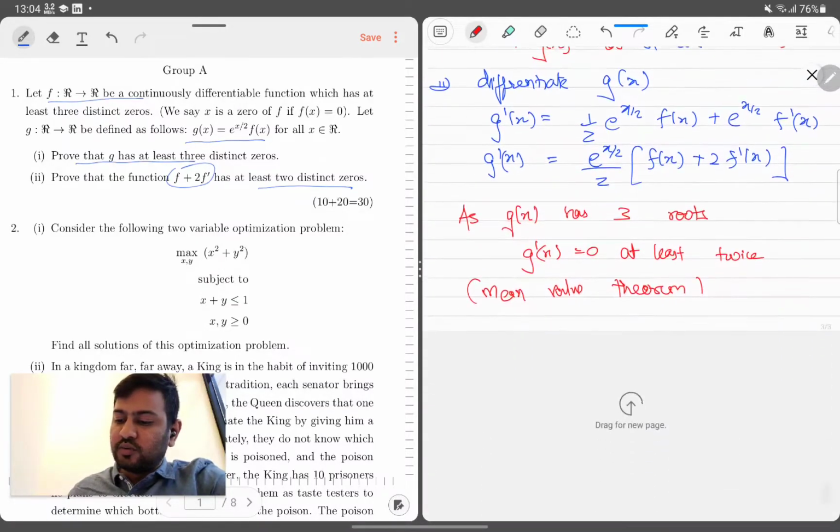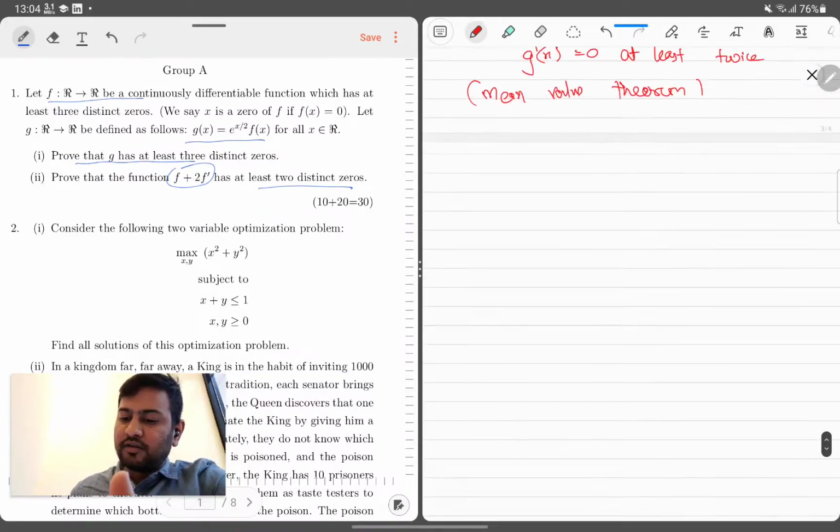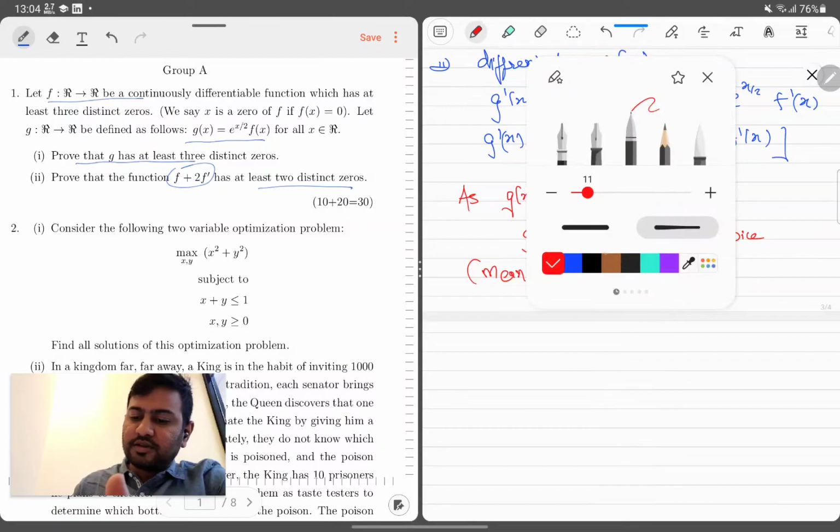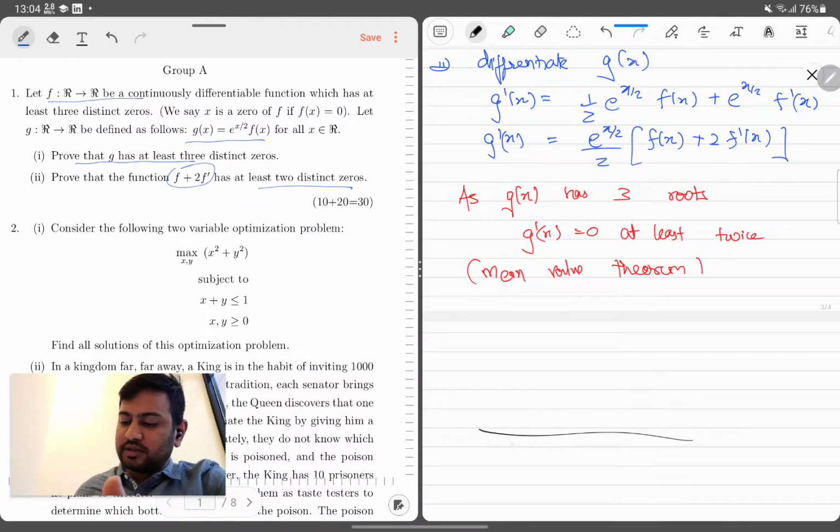So if you want to look at a graphical proof of this, what we are saying is that g of x is some function which has 3 roots, right? So maybe g of x looks like this. Okay, so these are my 3 roots, x1, x2, x3.